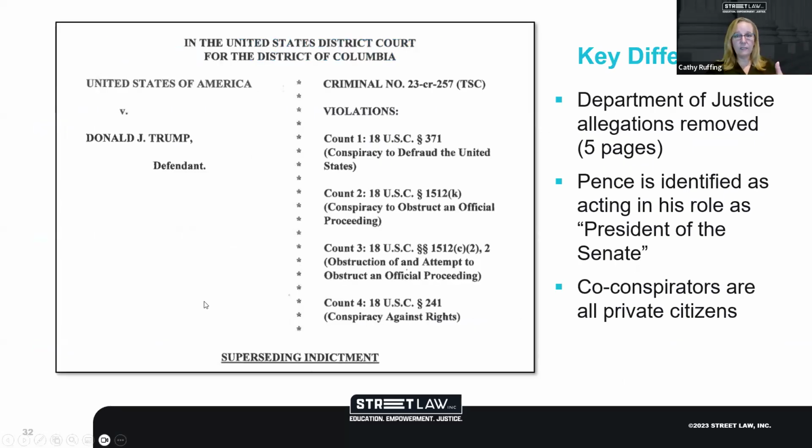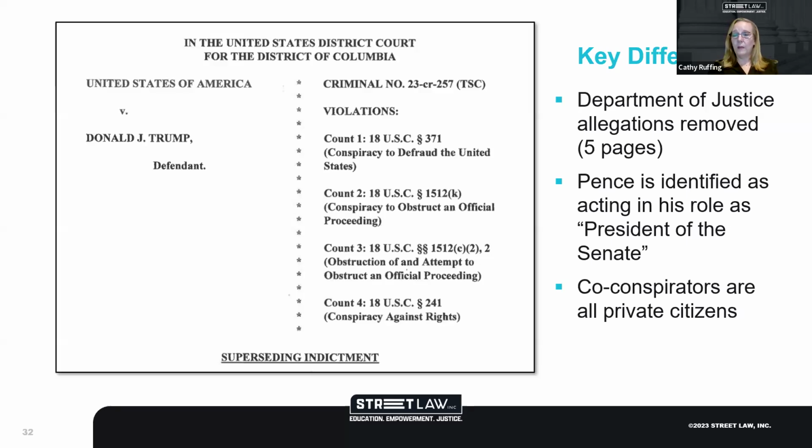The key difference is that it took out one of the examples the Chief Justice used in the majority opinion of things that clearly enjoyed full immunity: anything Trump did with the Department of Justice. So any reference to the Department of Justice is out of this new superseding indictment. About five pages were cut.